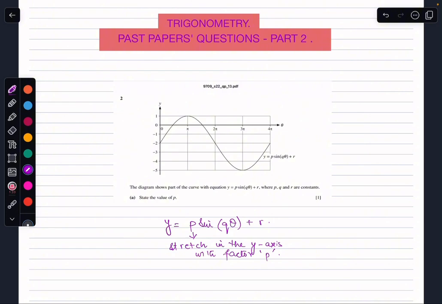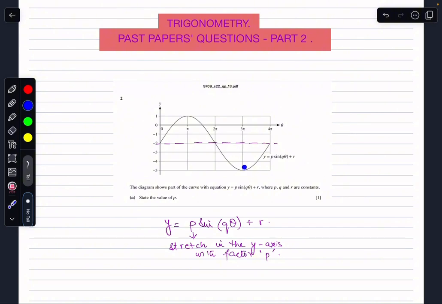So if this is the stretch factor p, then I have the sine curve, and if I look at the mid-axis of the sine curve, from the mid-axis I can see that on both sides, upwards and downward, the amplitude is 1, 2, and then 3.